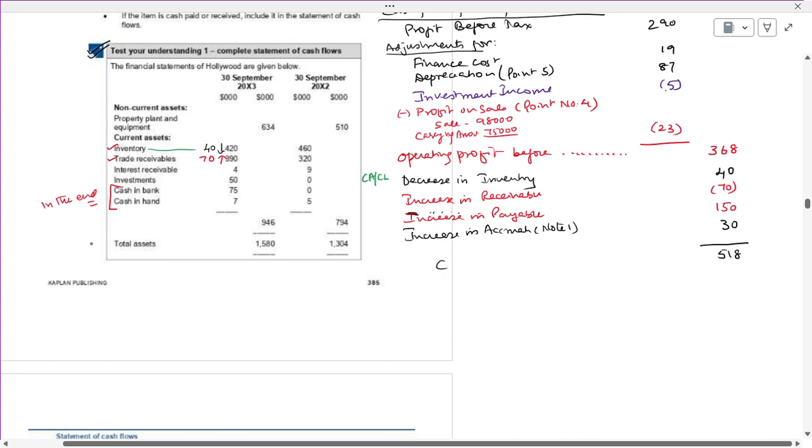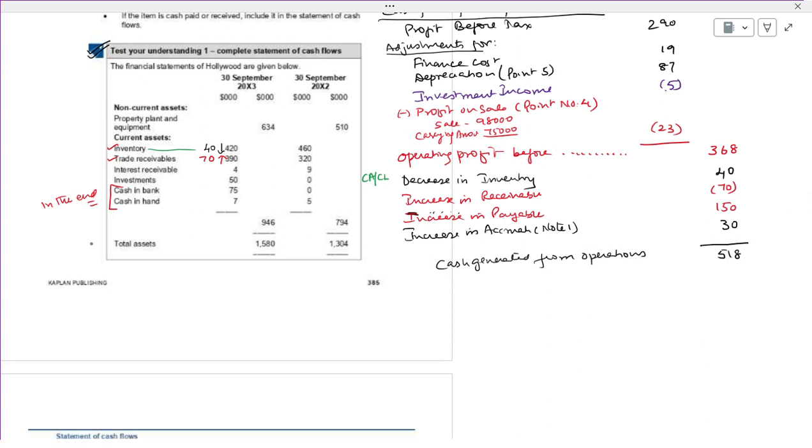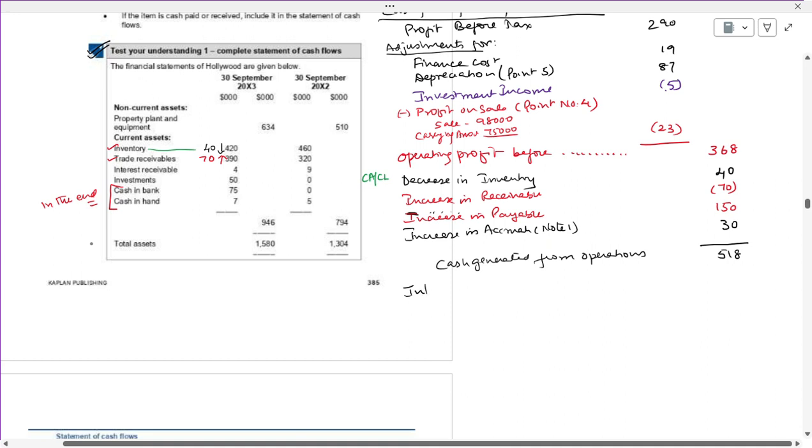This is called cash generated from operations. Only operations, nothing more, nothing less. Once we have done this, now you have to think about what? Interest paid.